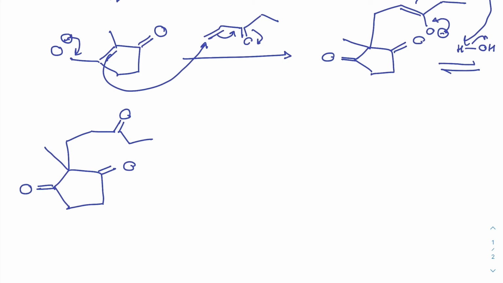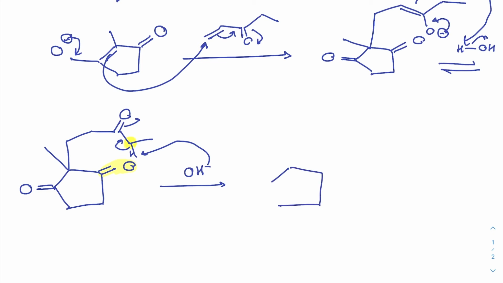Once this happens, there is going to be an aldol condensation. And the aldol condensation is going to take place between the alpha position of the newly added alpha-beta unsaturated carbonyl compound and the ketone of the original Michael donor. So the first thing is that there's going to be a hydrogen removal from that position.